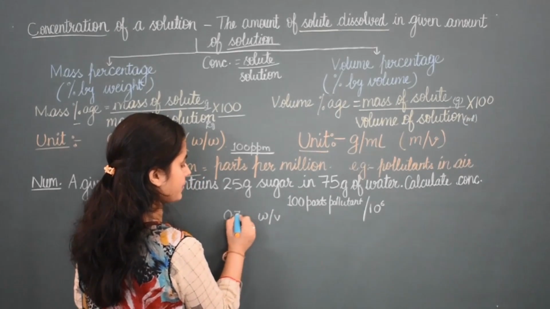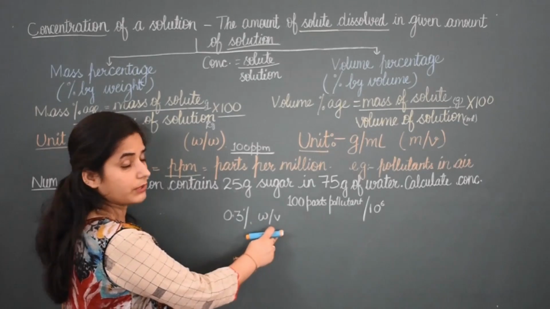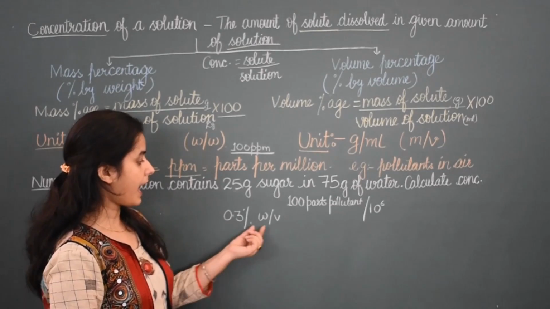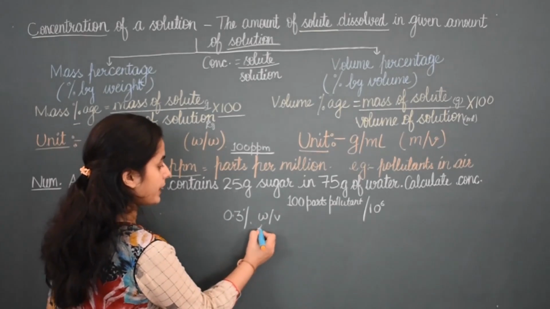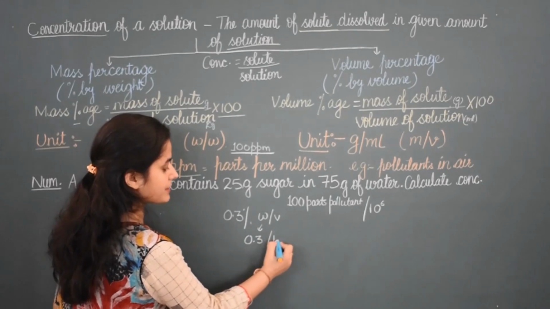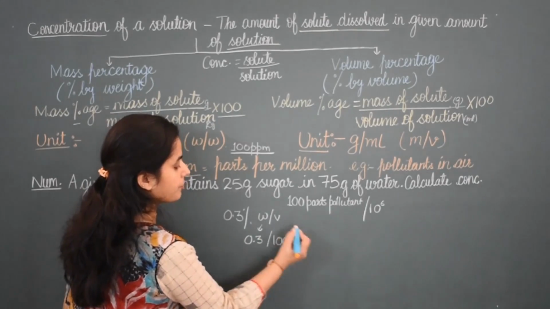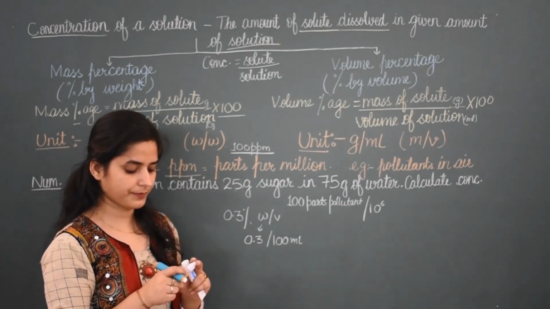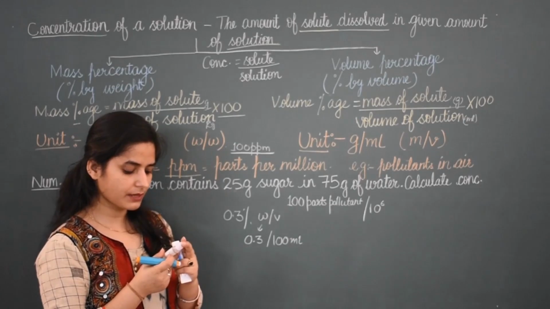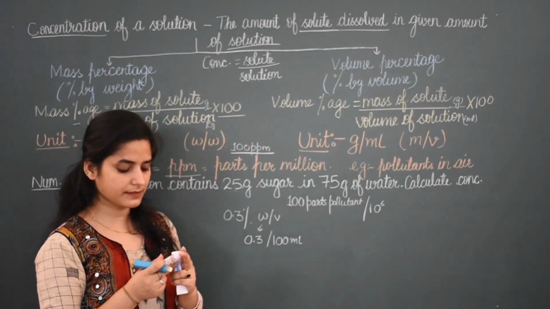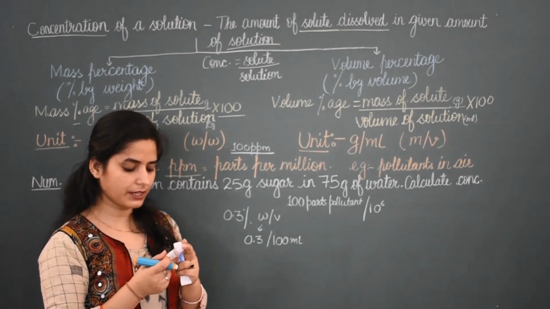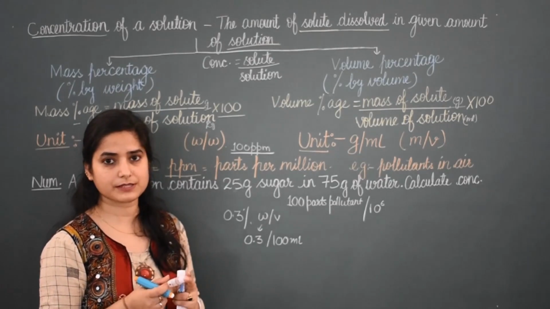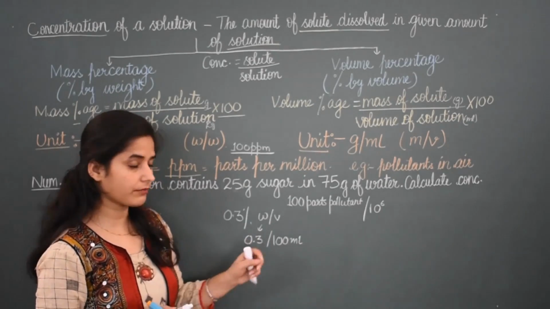It is written as 0.3 W by V. It means 0.3 percentage is the concentration, and W by V means 0.3 gram weight is present in 100 ml volume of the liquid. The second one is dexamethasone 0.1 percentage W by V. And the third one is benzalkonium chloride, 0.01 percentage weight by volume.